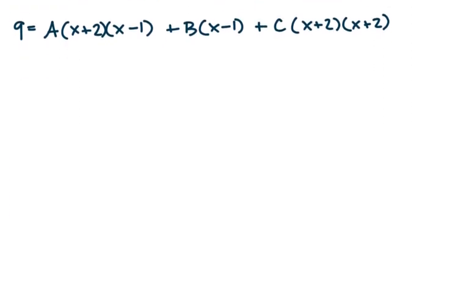At this point, we need to solve this, and what we are interested in finding are my A, B, and C values. I don't know what those are, but I can find them, and it's easy to find them if I use values that zero out each of the terms. So x equals -2 and x equals 1. But you'll notice we only have 2 values to choose here.